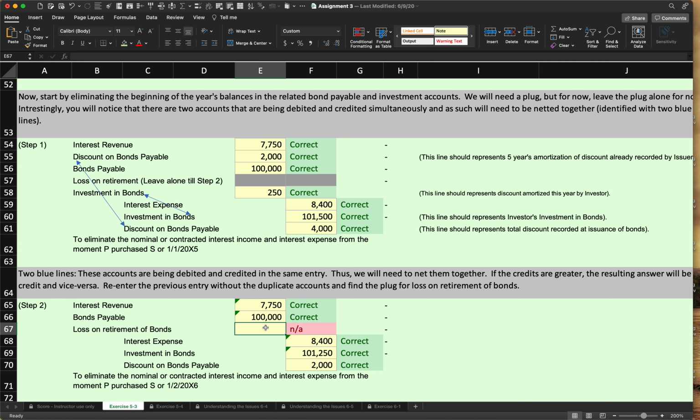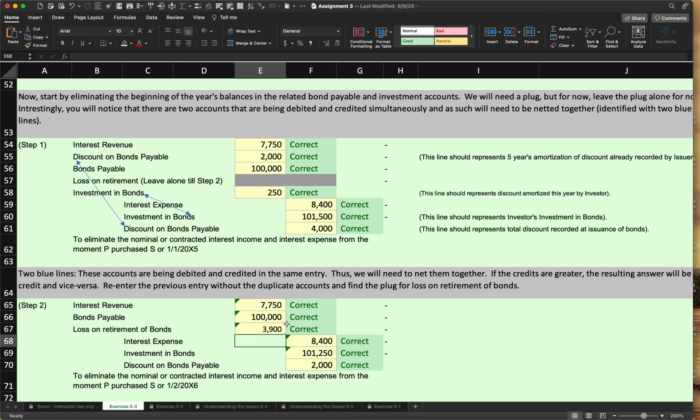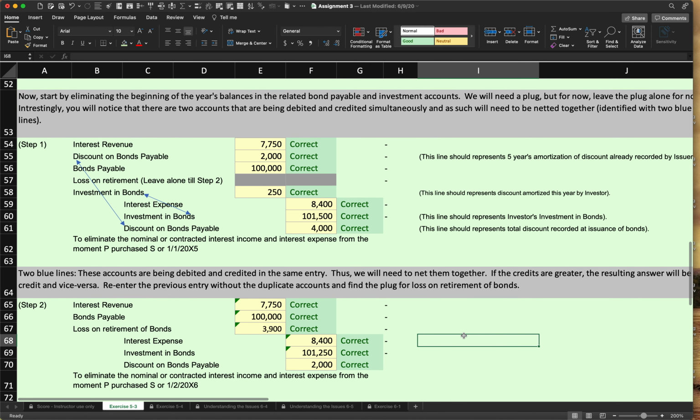So we need to deal with that by adding the credits, subtracting from them the debits, and that becomes the loss on retirement of these bonds. It's as if we retired the bonds because they were intercompany in nature, and next year we're going to issue them again, right? That's the idea behind this. At this point, the debits, 111,650 and 111,650, match each other, and we're going to go ahead and ignore 2016.